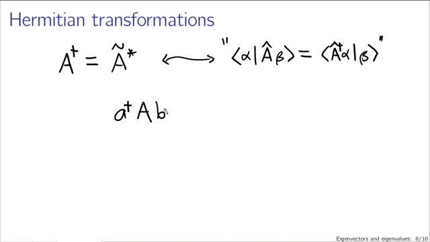And then that's going to act on the vector B, which is taking the place of beta here. I can equally well express this as the Hermitian conjugate of the matrix A, acting on the vector A, and that acting on B. So that's essentially equivalent to this notation. Taking the Hermitian conjugate of a matrix and letting it act on the left is essentially taking the Hermitian conjugate in this context.